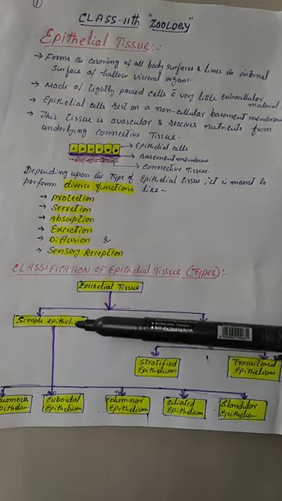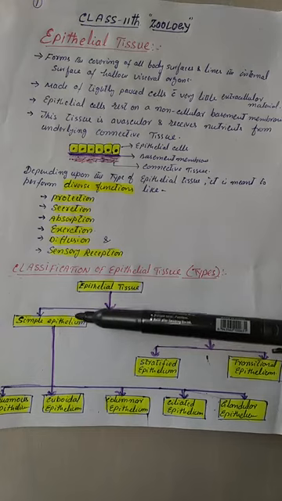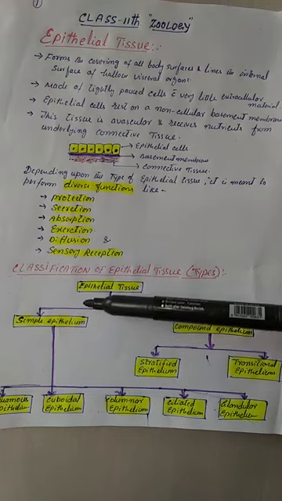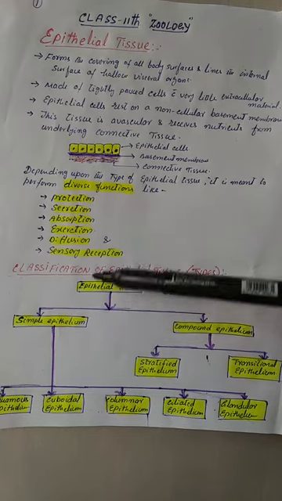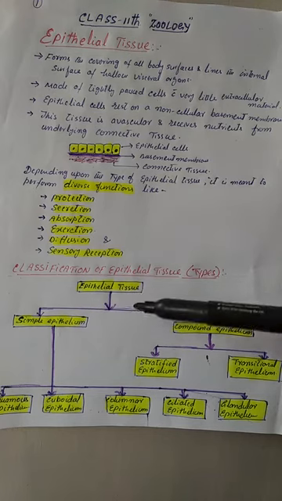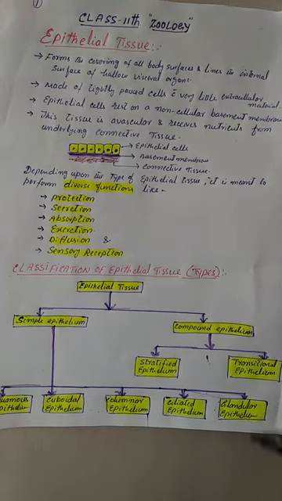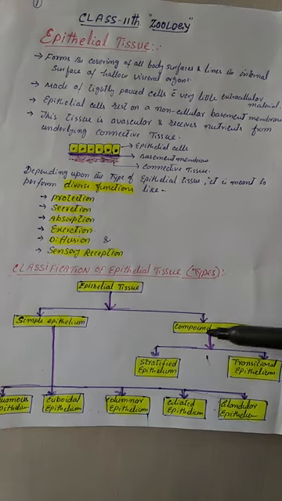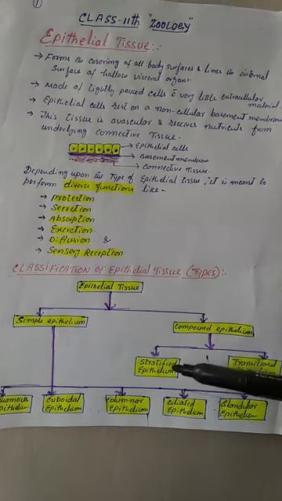The simple epithelium is composed of a single layer of cells and functions as lining for body cavities and ducts, etc. While the compound epithelium is composed of two or more cell layers and has a protective function, mainly protection against chemical and mechanical stress.